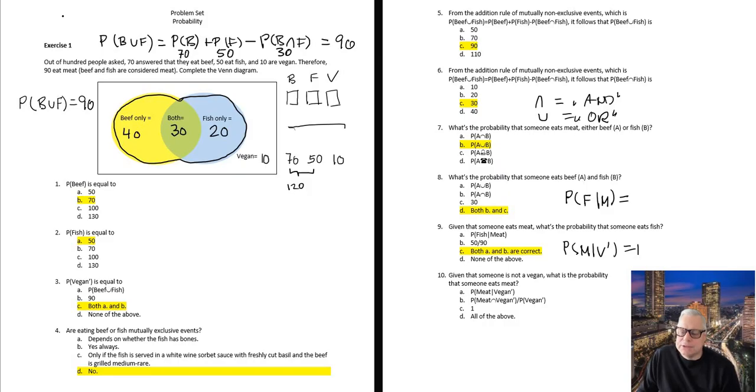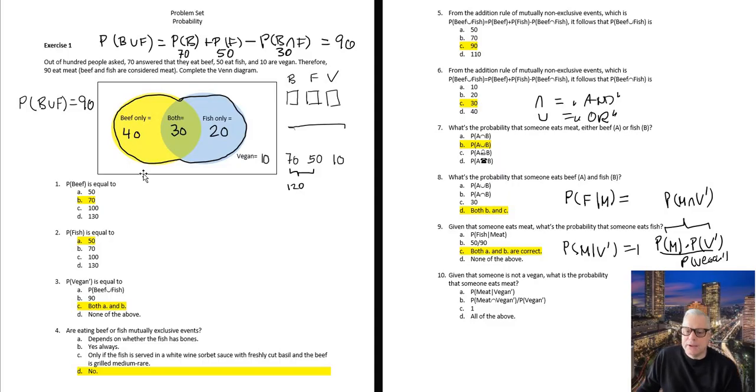And since that is a conditional probability, it can also be written as the probability of M and V prime over the probability of V prime. And this term is nothing else than the probability of M and V prime. So all of the above are correct.